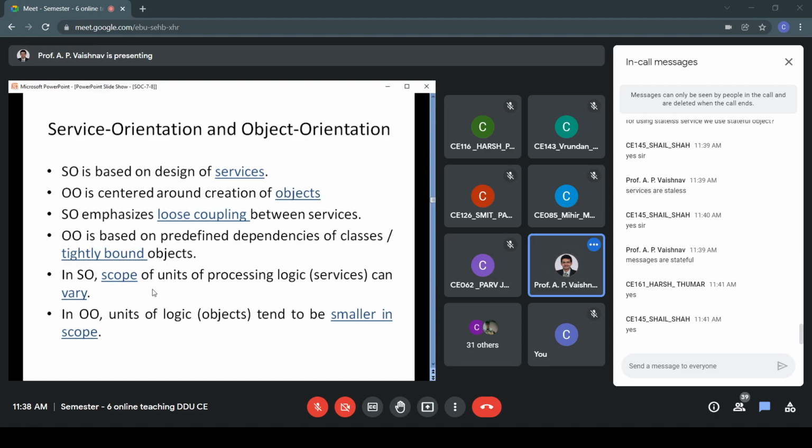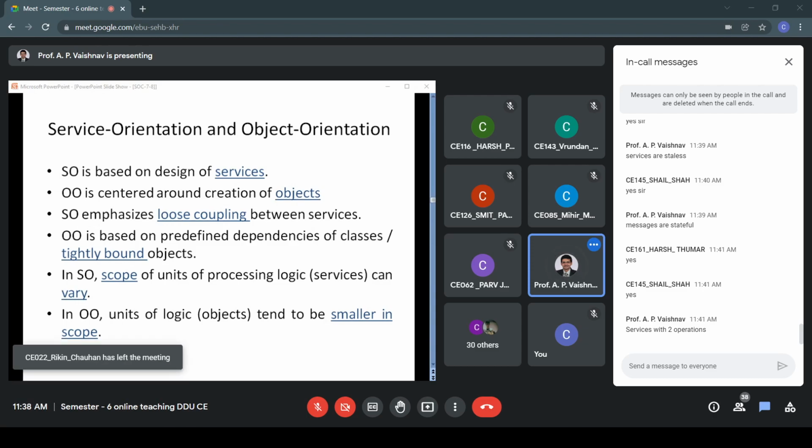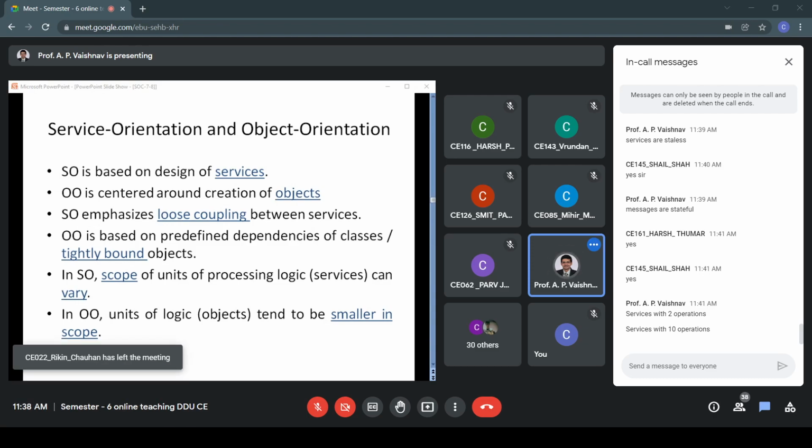Okay, let us look at the next point. The scope of the unit of processing logic is variable in service orientation. In other words, you can design services with 2 operations, or you can design services with 10 operations. In the first case, my scope is less because I'm having only 2 operations.